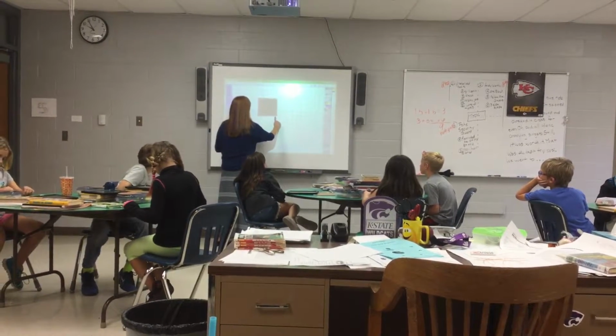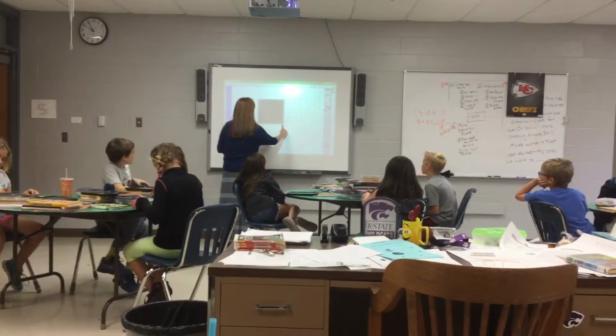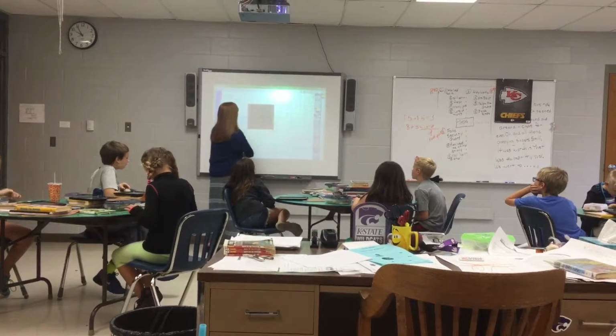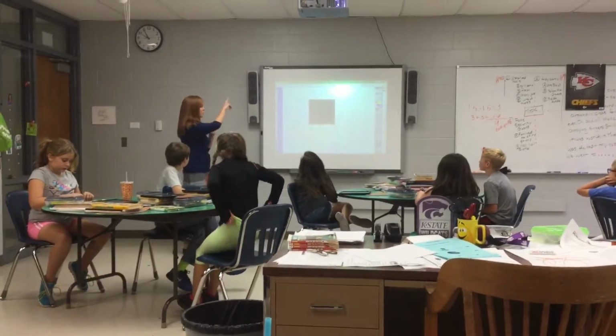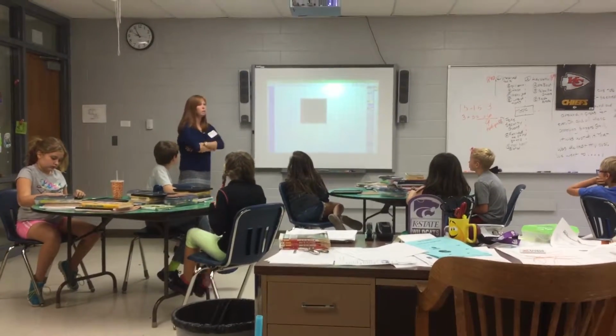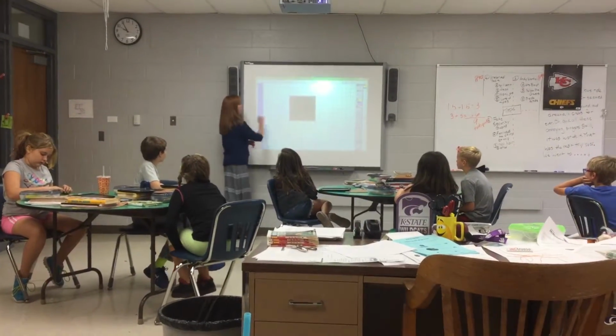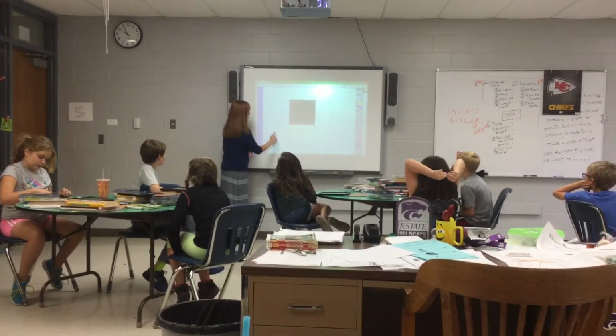Now, if this is a fence around my backyard, how much fencing do I need to go around my backyard? These are feet. We're gonna call these squares 1 foot.